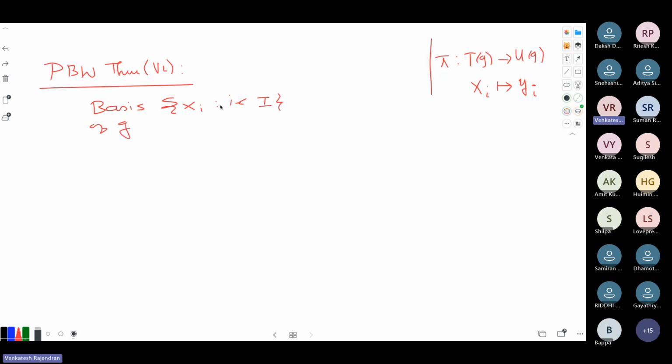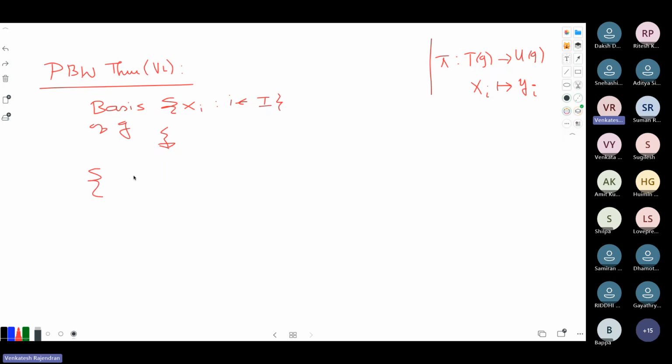Okay. So now what are we going to do? We are going to take the images of these letters x_i inside UG, and then we are going to produce a basis for UG. Because I is totally ordered, we just consider all increasing monomials.